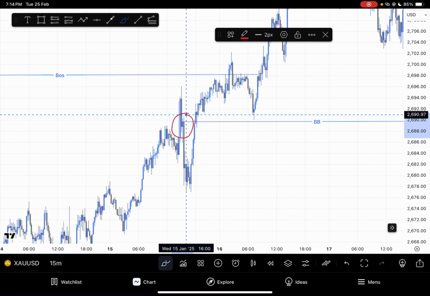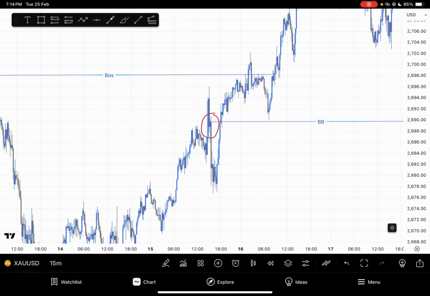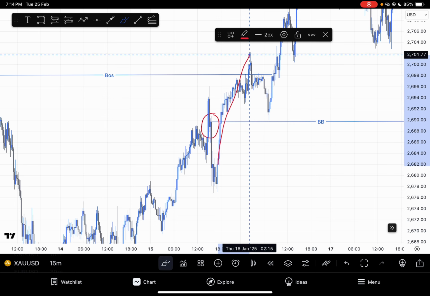And from my previous video, I said an order block that got violated has automatically turned into a breaker block. So from this point here, you see price broke above the order block, turning into a breaker block.